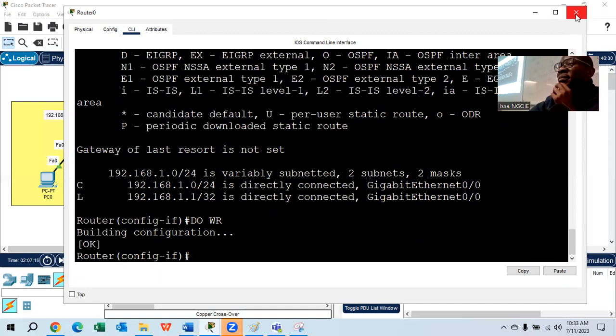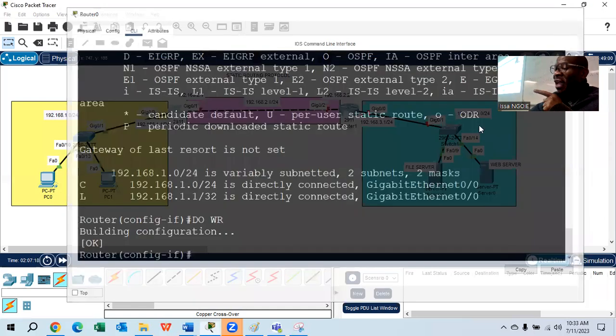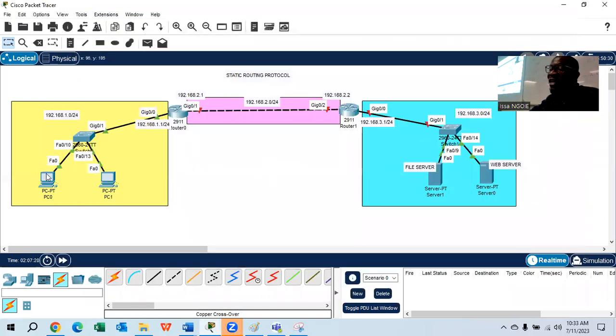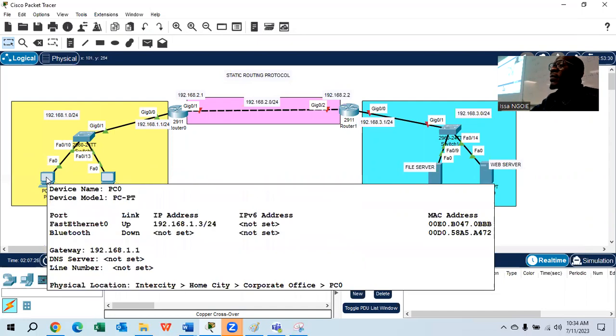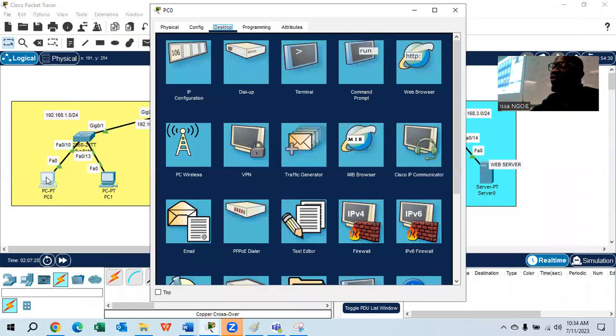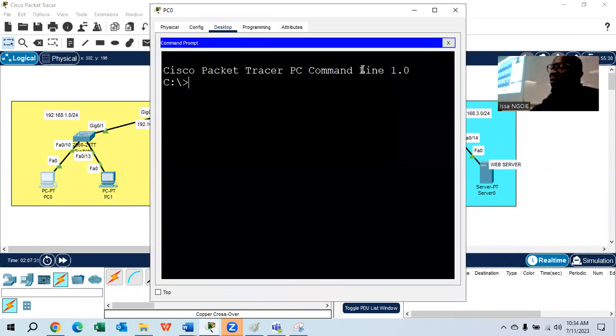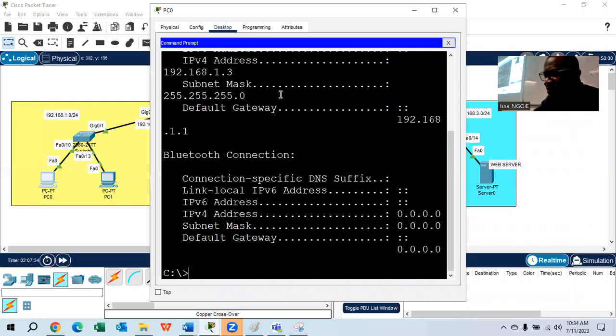But before even going there, let's try to ping. Let's see if the yellow networks can talk between themselves. So I'm going to PC0, command prompt. I can check my IP config. Yeah, my IP is .1.3.